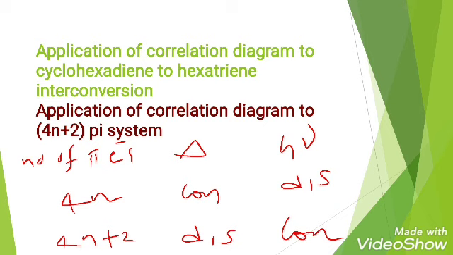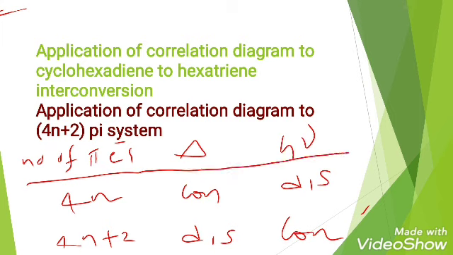Thus, Woodward-Hoffmann rules for electrocyclic reactions may be summed up like this: number of electrons, under thermal condition, under photochemical condition.